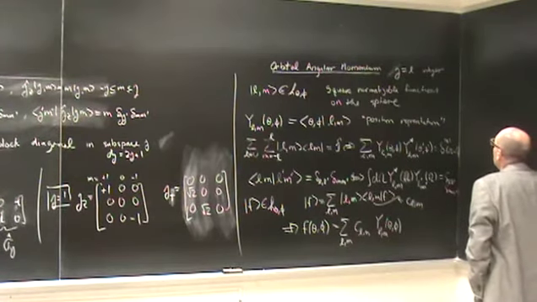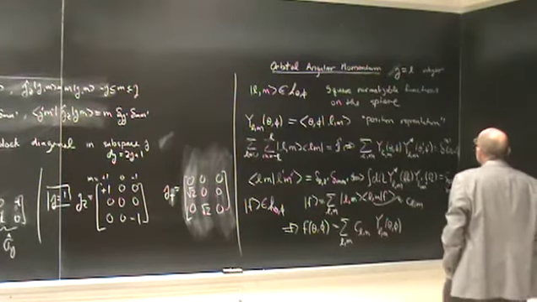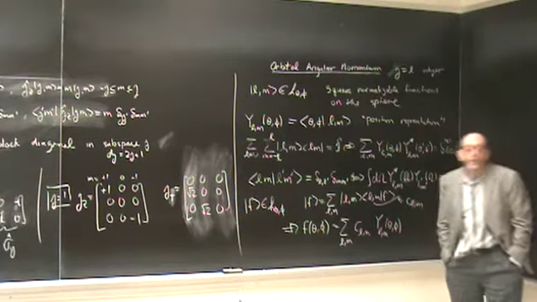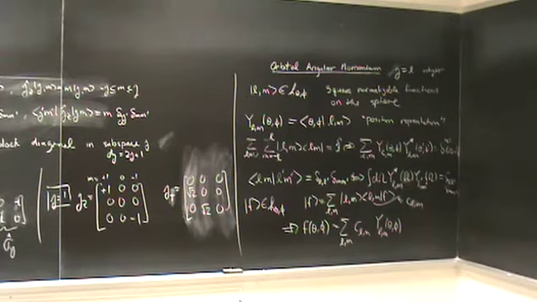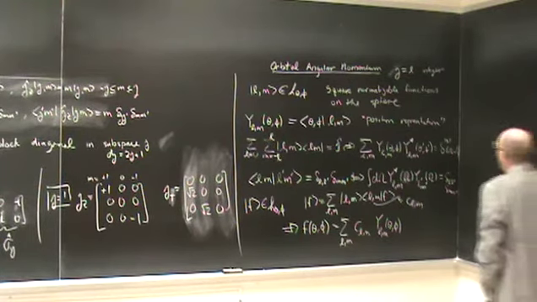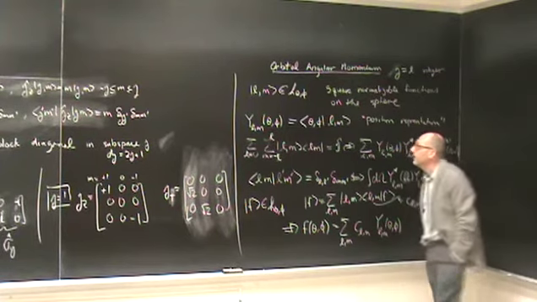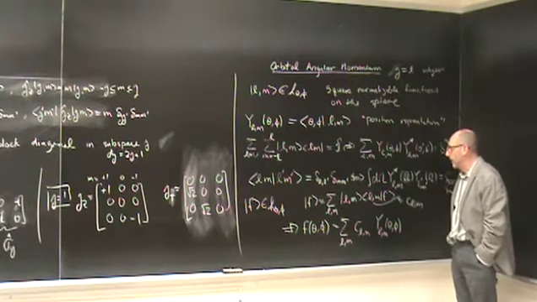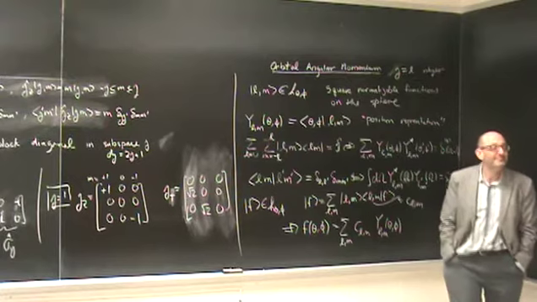So when j is an integer, there are representations that are associated with orbital angular momentum, the motion of particles in higher dimensional space than 1.